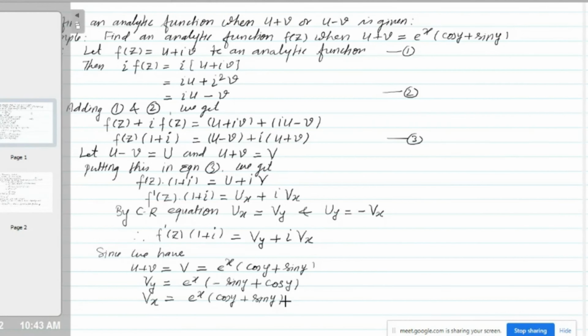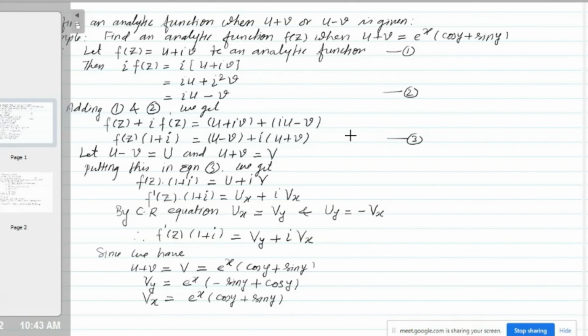Okay, and use the Milne-Thompson method to obtain function f of z by putting x equal to z and y equal to 0, and integrate them. So again you will get this result. So the procedure is the same, either u plus v is given or u minus v is given. Okay, nothing is different. The difference is only in the CR equation.